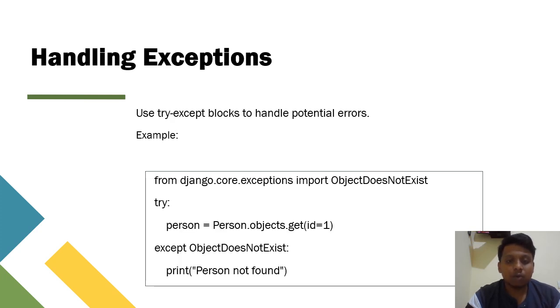Now let us look at how to handle exceptions, using try except blocks to handle potential errors. Example: from django.core.exceptions import ObjectDoesNotExist. This is where we import ObjectDoesNotExist, so we can handle the case when the person is not found. When we try to update or insert data, person equals Person.objects.get for the first person, except ObjectDoesNotExist, then it will print that the person does not exist.